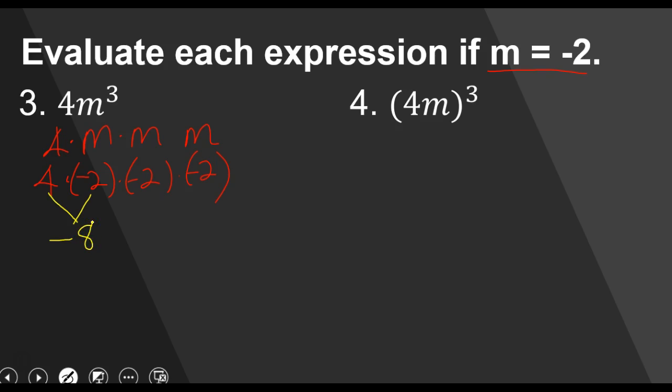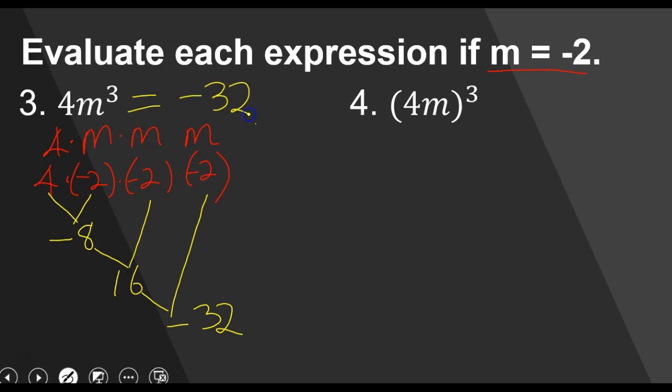And now we have -8 times -2, that will be positive 16. And now we have positive 16 times -2, that's -32. And that's our final answer. So this expression is going to be -32.